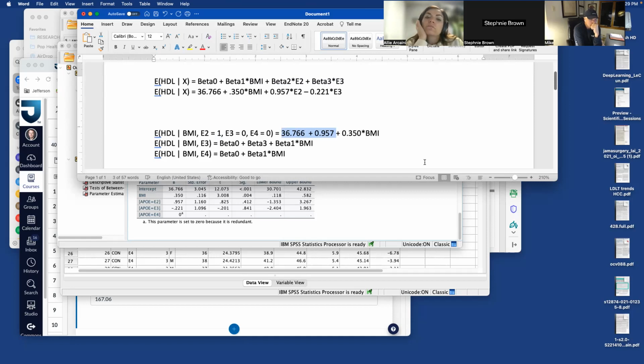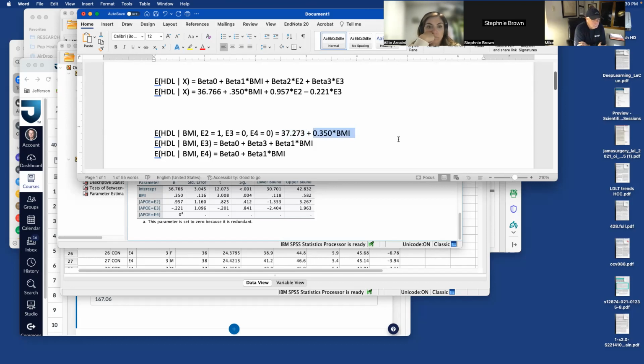So the expected value for folks in this group is 36.766 plus 0.957 equals 37.723, right?